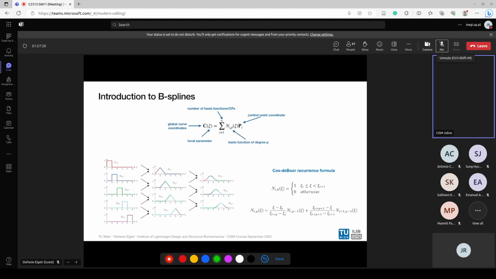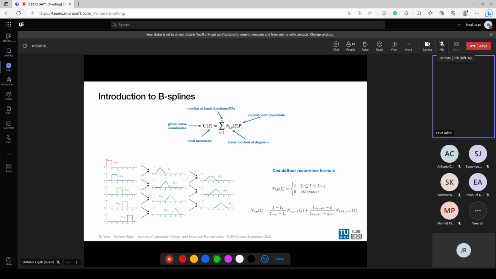So what is special about the B-spline basis functions? They're computed using the Cox-de Boer recurrence formula, which is easier to explain in a picture, I think. So we start with constant basis functions. Through the constant basis functions, we can then move to linear and then to quadratic and so on, however high we want to go.